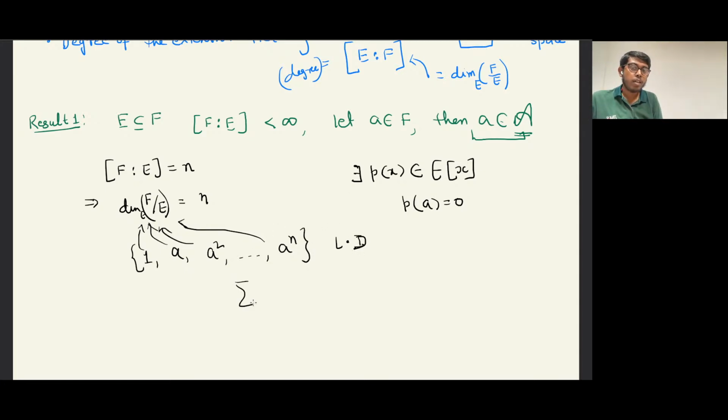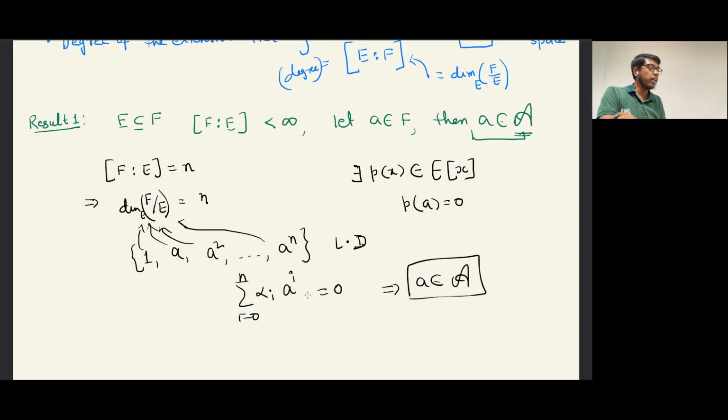Therefore there exist some alpha i, with the sum of alpha i a to the i, i from 0 to n, equal to 0. Non-trivial linear combination. And this implies that A is an algebraic number. So this proves that if you have a finite extension, then every element is algebraic.